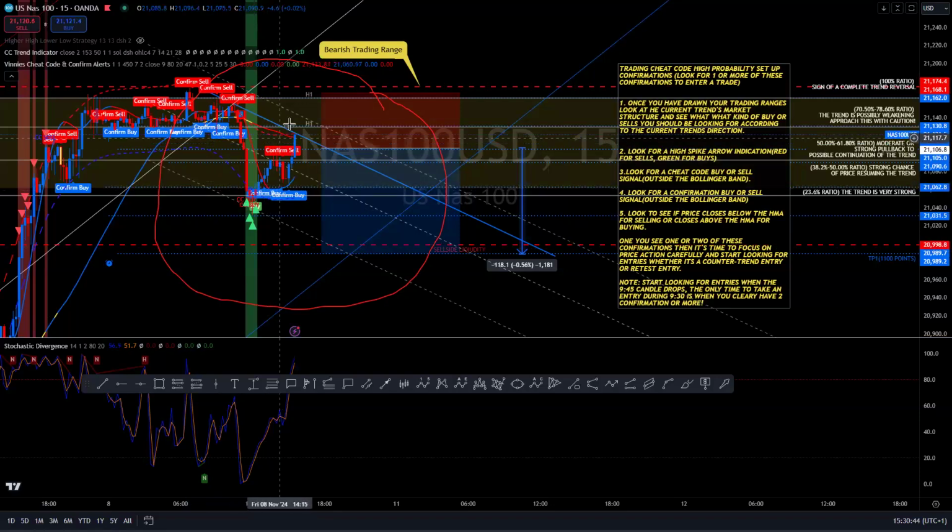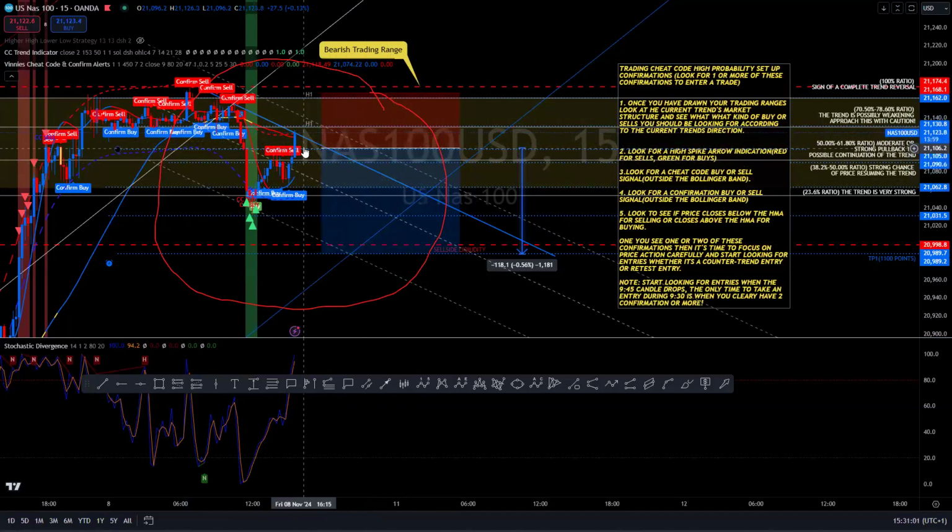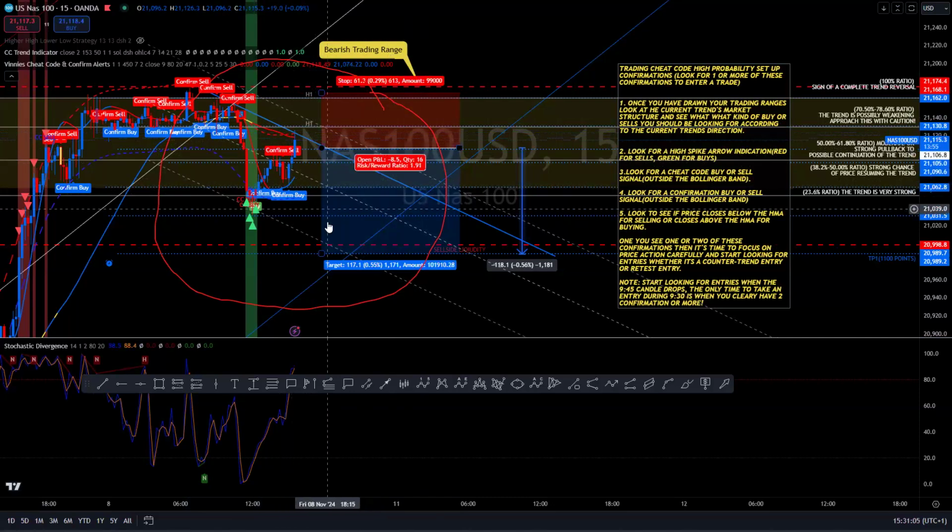Now it looks like it's going to be touching up the 70 area. It's going to pass the 50% area here.